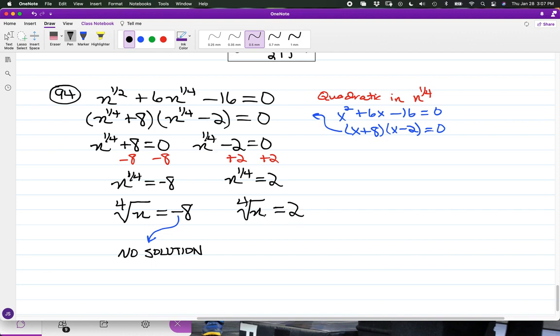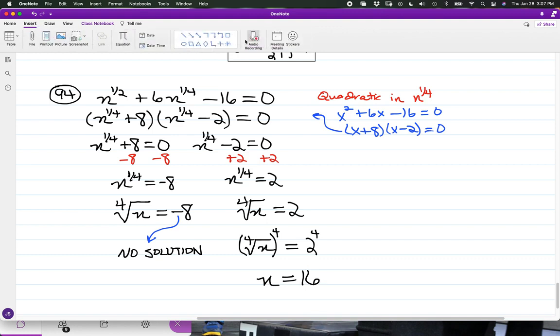Then freeing up n, again I can have an even root radical reduce to a positive constant. Here I can eliminate the radical by raising both sides to the 4th power. On the left hand side I have n, and 2 to the 4th is 2 times itself, times itself, times itself, so this will come out to 16. So for this equation, there's only one solution, and that is the number 16.